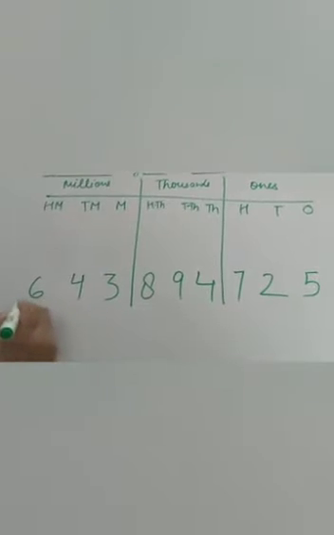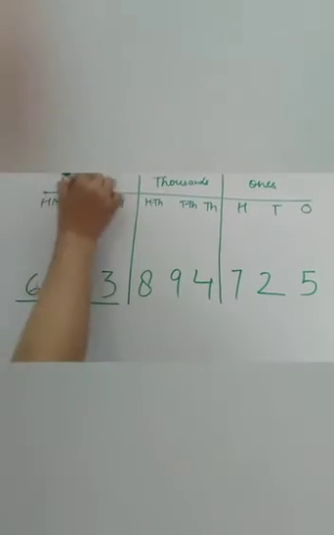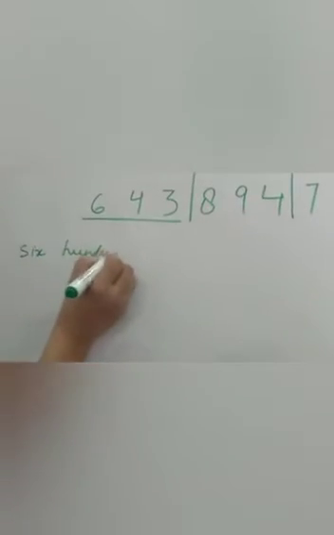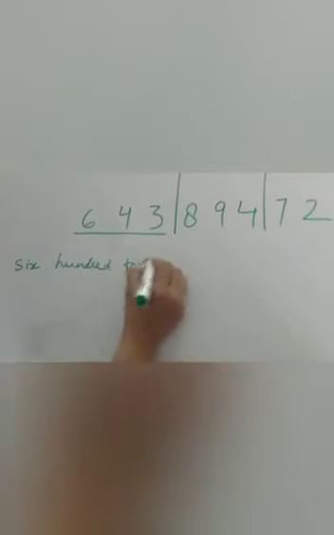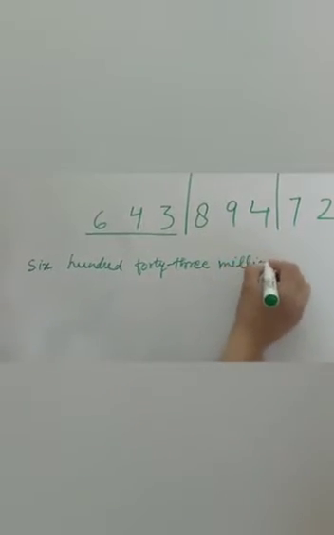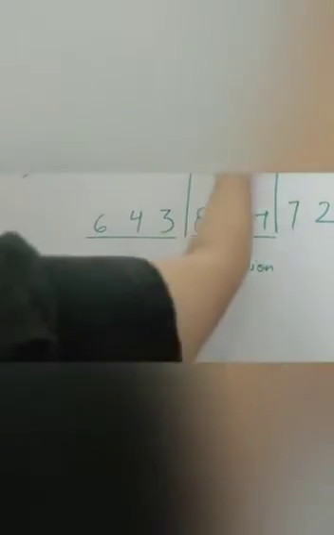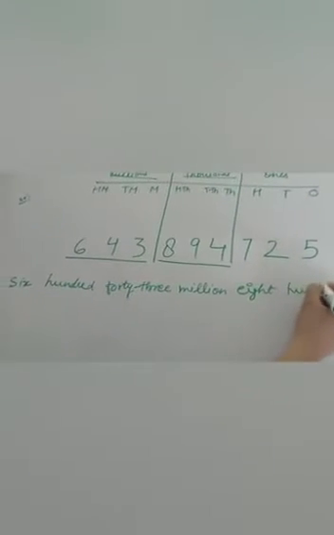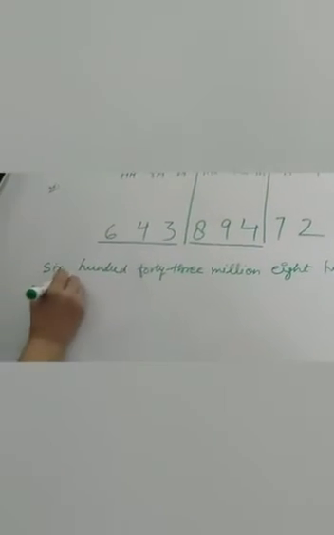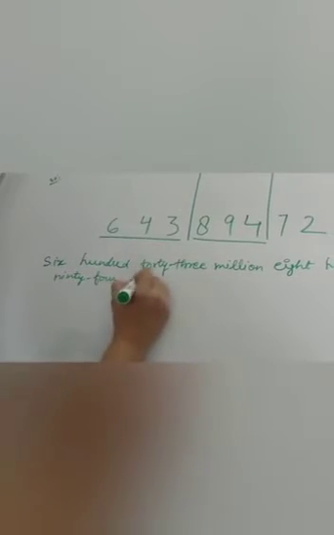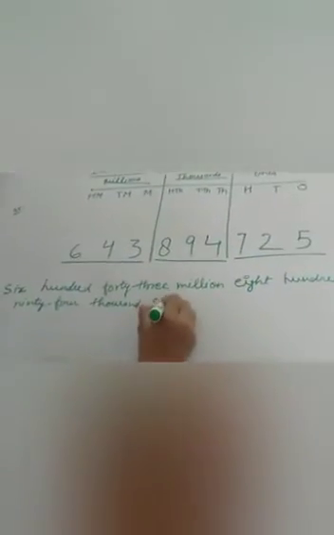So this is 643 million, 894 thousand, and 721.